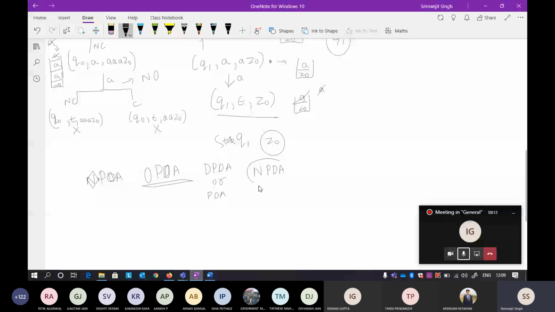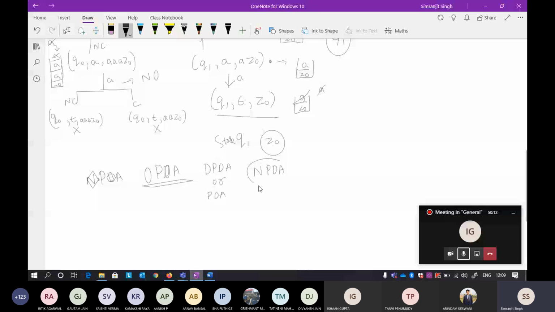This is very important because many students get confused in that part. I learned it the hard way: if there is no D in front of it, it means they are talking about a DPDA.